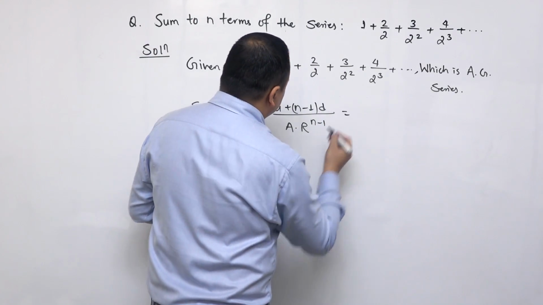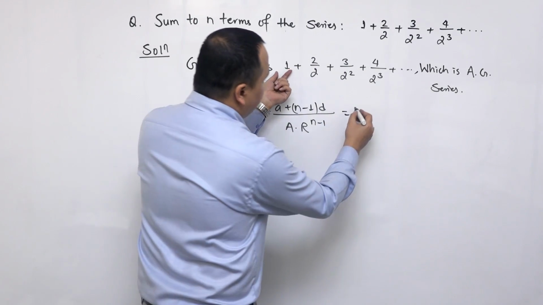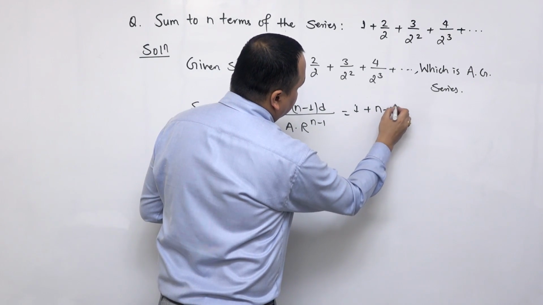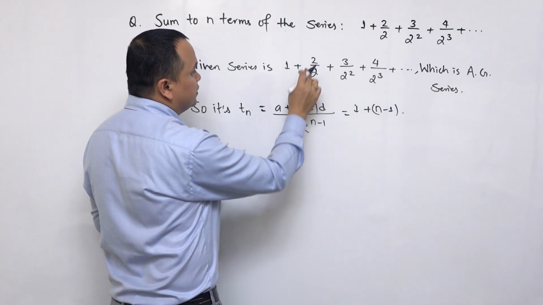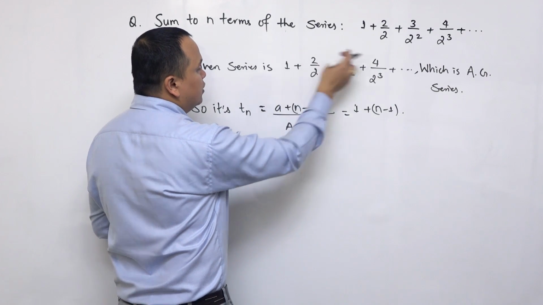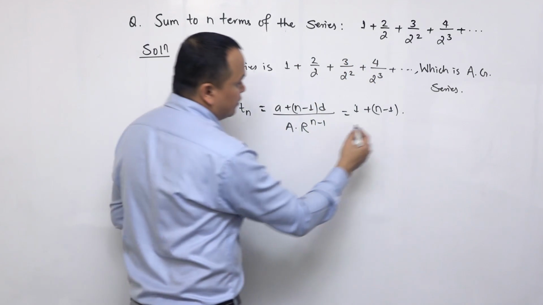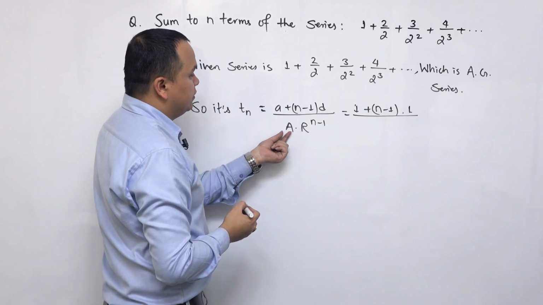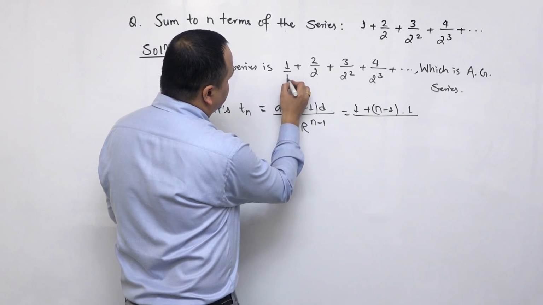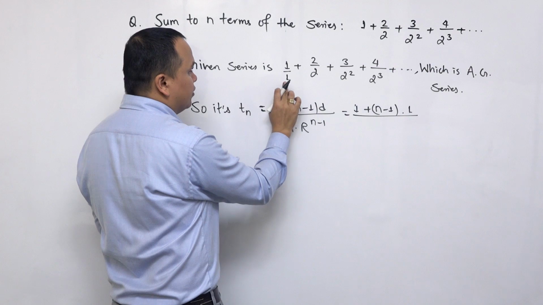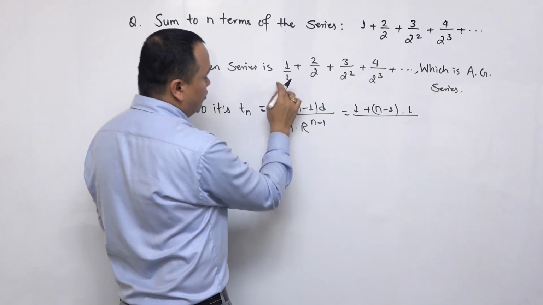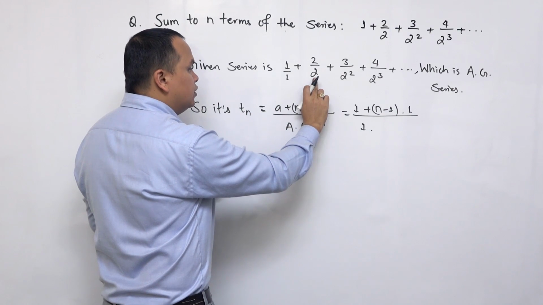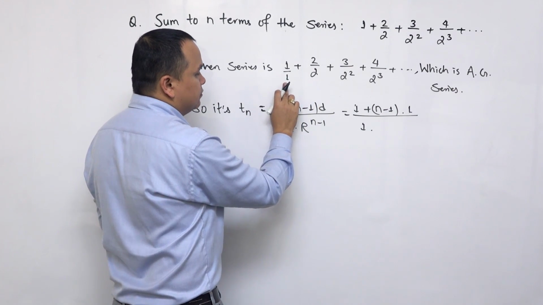Our a is 1 plus n minus 1 into d. Here d is 2 minus 1, 3 minus 2, 4 minus 3, which is 1. Divided by a, where a is 1 upon 1, again 1. So capital A is 1 and r is T2 by T1.